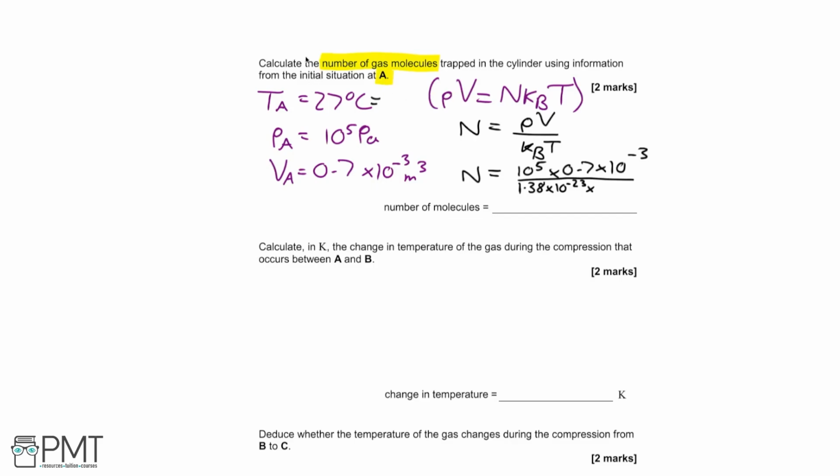Therefore, what we need to do is TA in Kelvin is 27 plus the conversion, which is to add 273, because every temperature in Celsius is equal to the temperature in Kelvin minus 273. So if I want to convert back to Kelvin, then I need to add 273 to it. So that's 300 Kelvin.